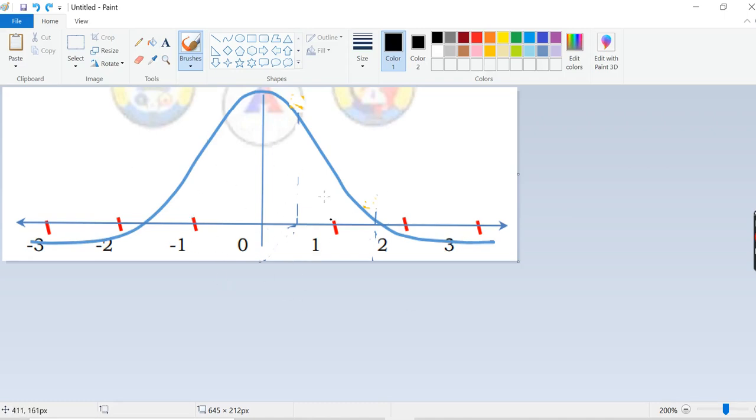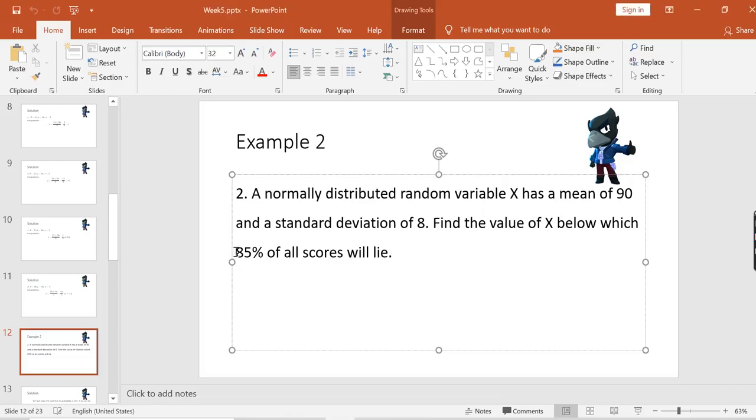From 0 to 1, that's 34 point something percent, or 0.34 something in decimal. Here, we have a given of 85%, which in decimal is 0.85. Where can we start if we have a given of 0.85? Remember, percentage refers to the area under the bell-shaped curve.